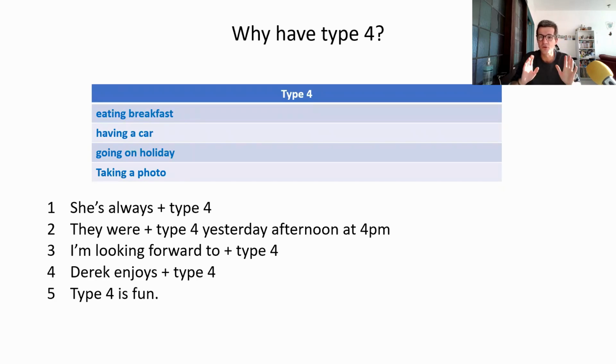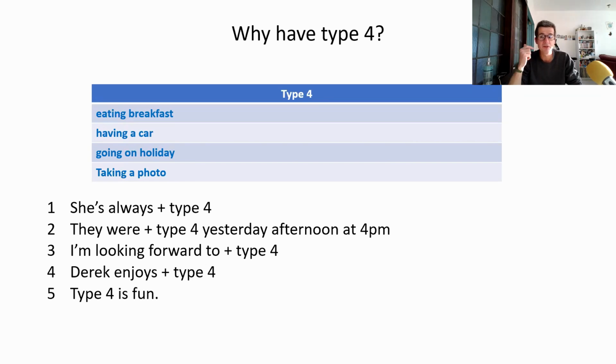Here are some of the uses of type 4 in English. She's always plus type 4. So she's always eating breakfast, or she's always eating cakes. She's always having a car. It doesn't actually quite work with this one. Some verbs don't work in all cases, and having a car, in this case, doesn't work.